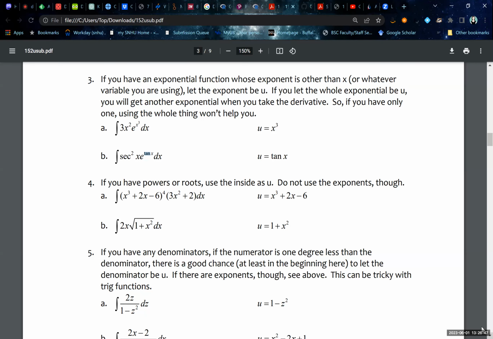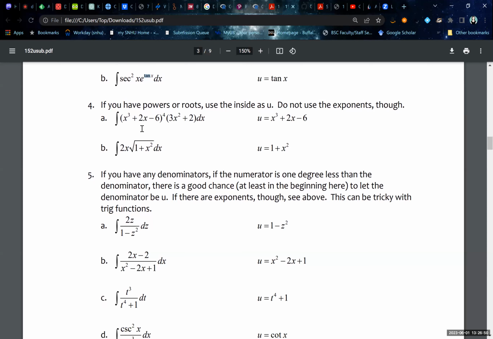If you have polynomials, particularly ones that are raised to powers, it's the larger polynomial inside the power that is typically your substitution. If you've got roots, think about whether or not the thing under the root is going to be your substitution.